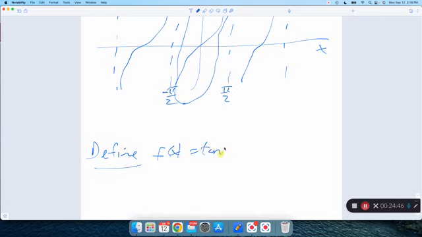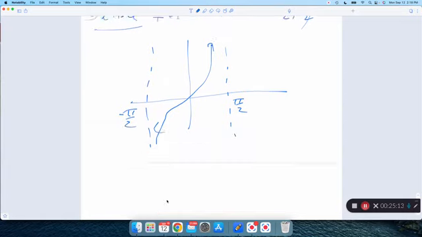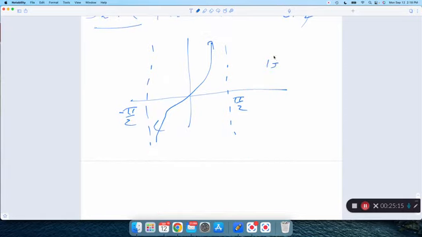So this guy here, his entire graph only lives between these two asymptotes. That's 1-to-1. His domain is negative pi over 2 to pi over 2. His range is all real numbers, negative infinity to infinity.